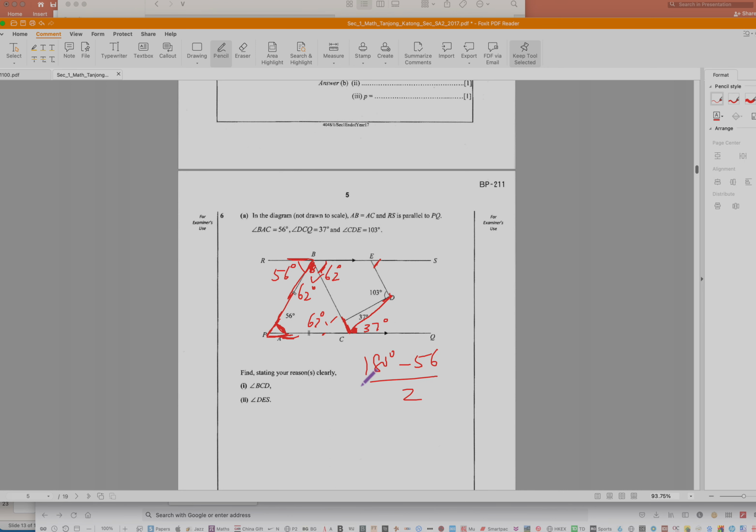So then this is 62. Then you get this one already, 180 minus the 62 minus the 37, which is 81. Okay, good. So that means this is 81.